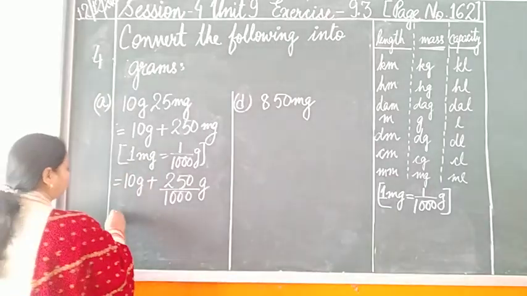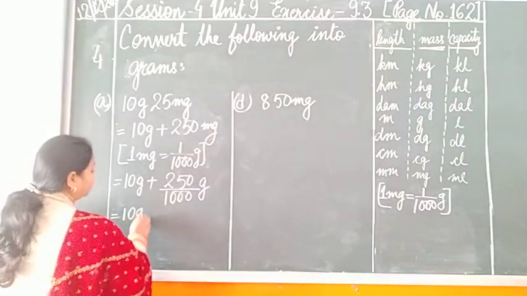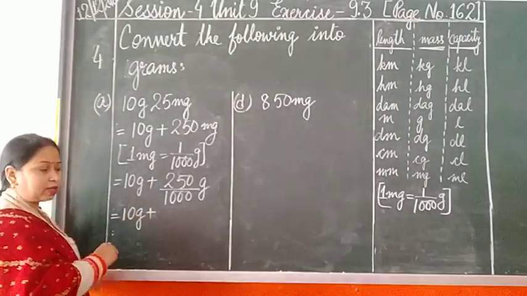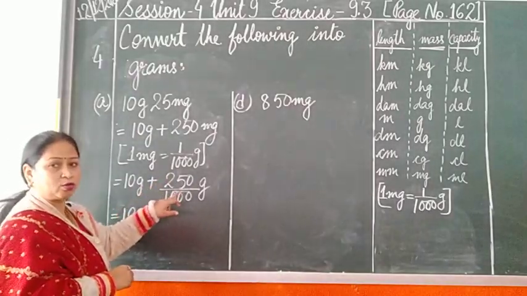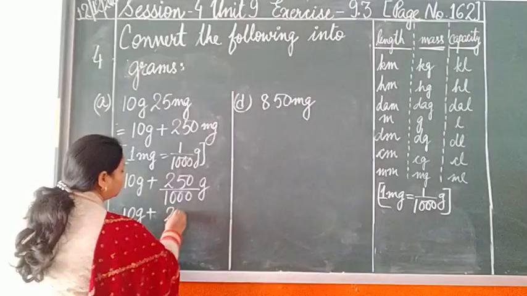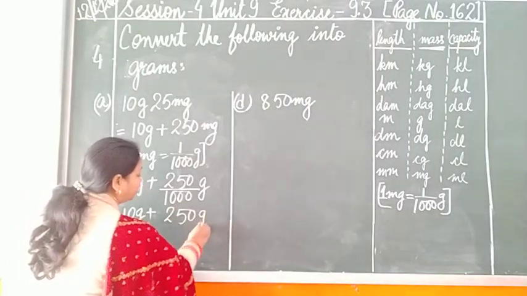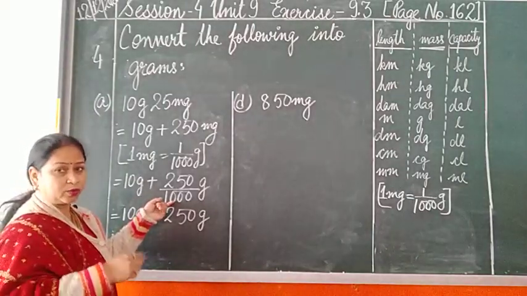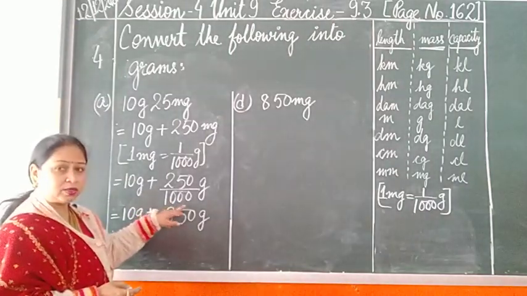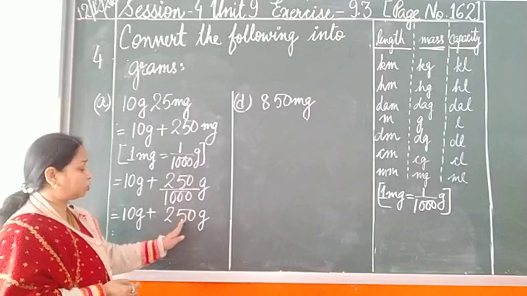Okay. Now this will remain as it is, 10 gram will remain as it is. Conversion for this. So what is in the numerator? 250. We write down 250 over there. We write down gram over there. What about this 1000? Of course, this is to be converted in the form of decimal. 3 zeros over here. Count 3 places. 1, 2, 3.